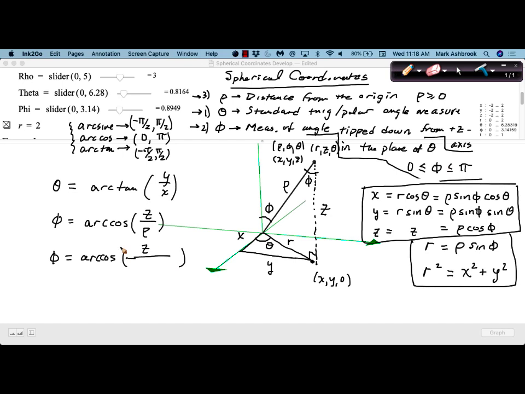It'd be like the radius of a sphere. So within that formula is another formula: rho is the square root of x squared plus y squared plus z squared. That makes sense as the distance from the origin.